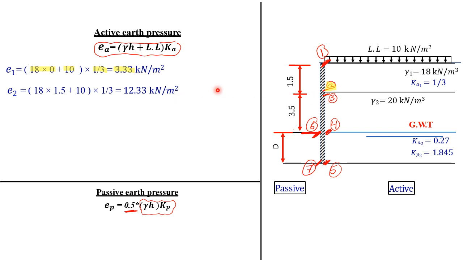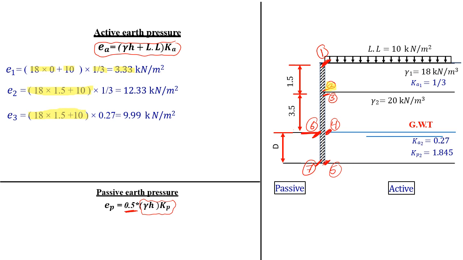For point number 3, if you remember from the tutorial on lateral earth pressures, I told you that if you are at the same elevation, because point 3 and point 2 are just at the same position, then this term, which is gamma H plus live load, will be the same. You see, for point 3, it's the same gamma H and it's the same live load.